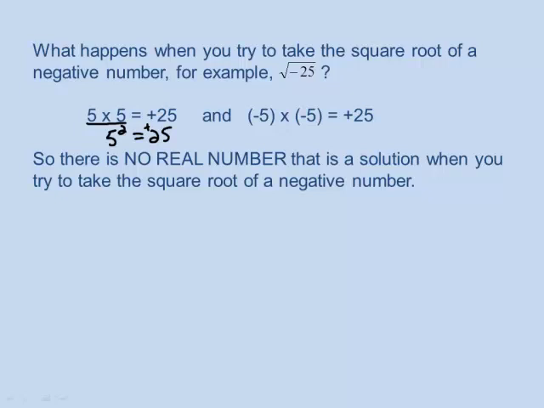The same thing is true with negative 5. If you square negative 5, negative times negative is also a positive value, and so there is no number that when you square it gives you a negative value. Therefore, there is no real number that is a solution when you try to take the square root of a negative number.